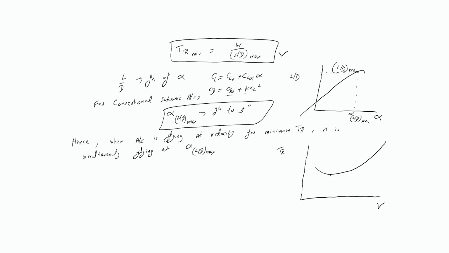It is somewhere over here. This is the velocity at which L by D is maximum, or the velocity at which thrust required is minimum. This is the thrust required minimum.